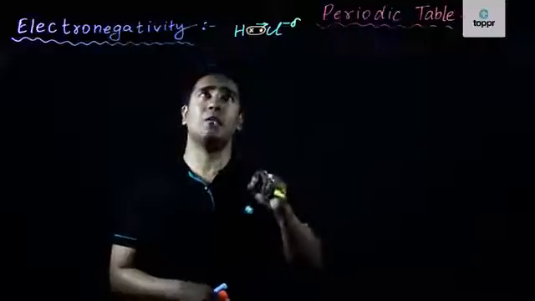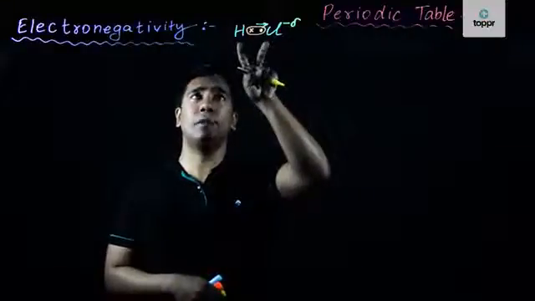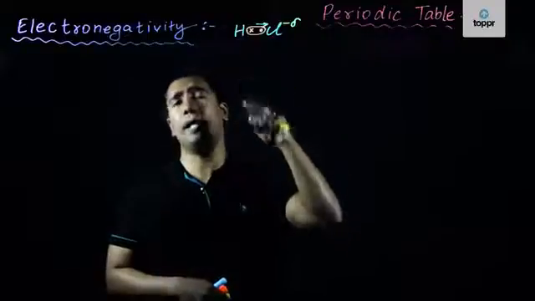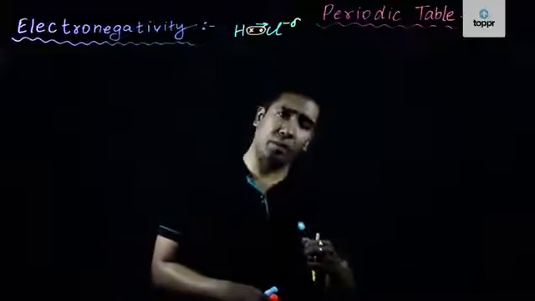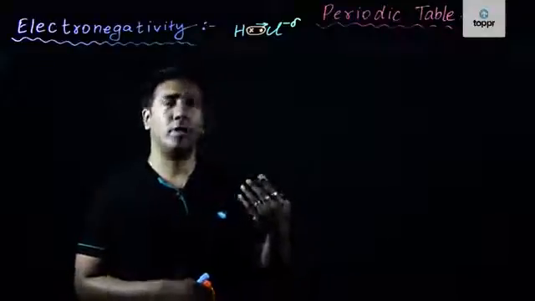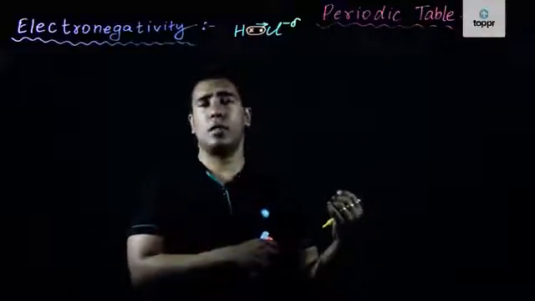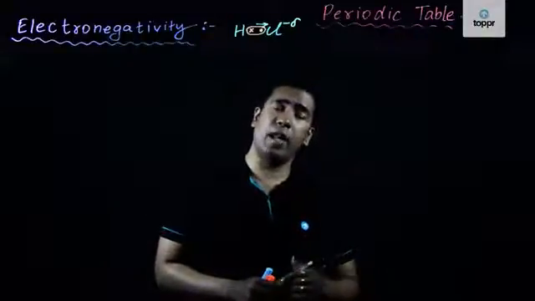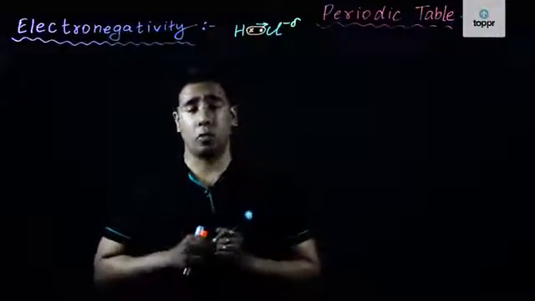How much lesser than 1 depends upon the difference in the desperateness for electrons between the two combining atoms. Hydrogen has a tendency of giving away its electron, which is why you can see many situations wherein hydrogen forms a proton.